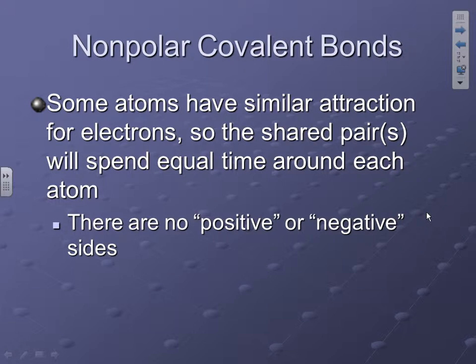So when these atoms share electrons equally, they quote-unquote spend equal time around each atom. There is an even sharing of electrons. The probability of finding electrons exists right in between those two atoms.